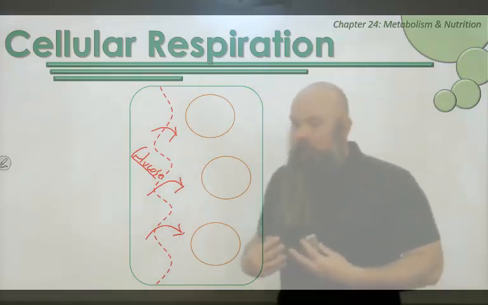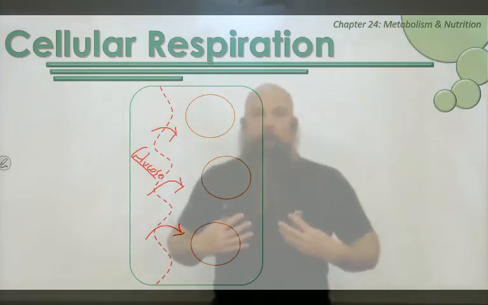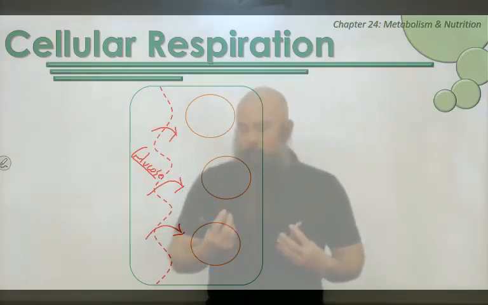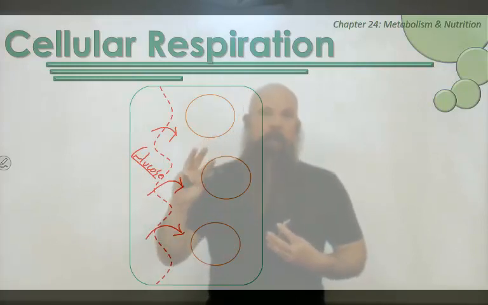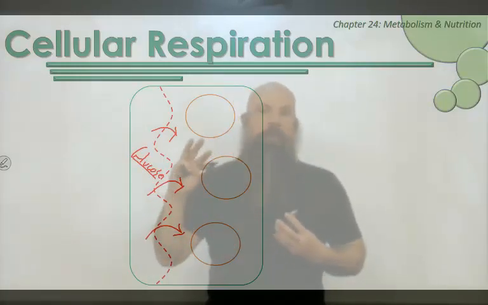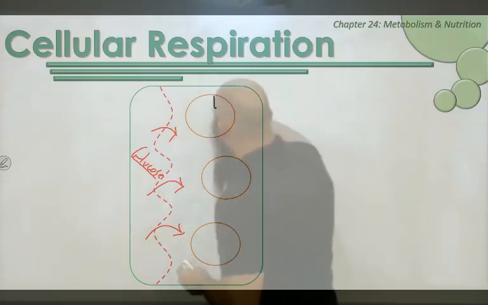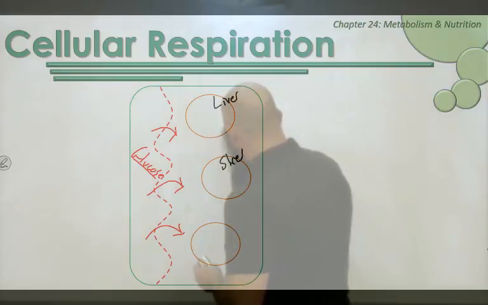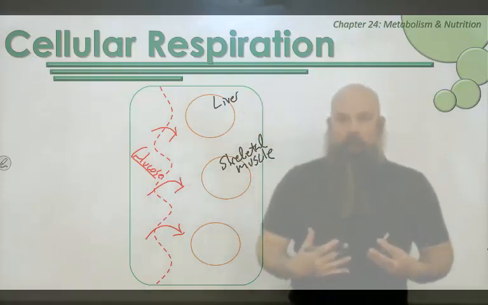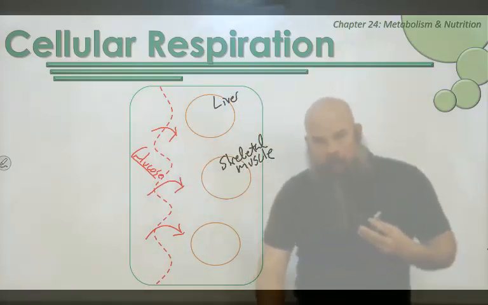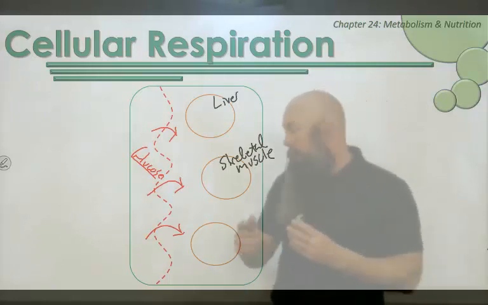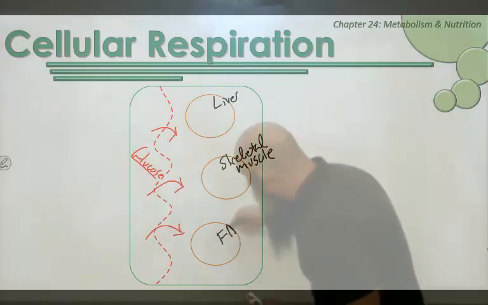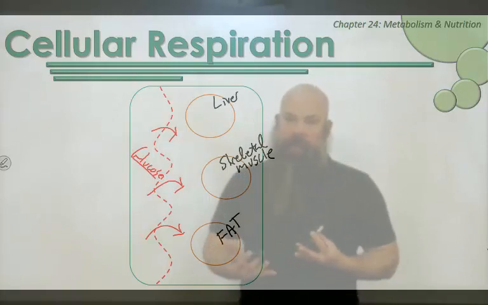As we talk about how glucose enters the cells of your body, we're going to focus on three major organs, tissues, types of cells. The cells of the liver, the cells that make up your skeletal muscles, like the bicep brachii, the rectus femoris, the gluteus maximus, and the good old-fashioned fat cell.